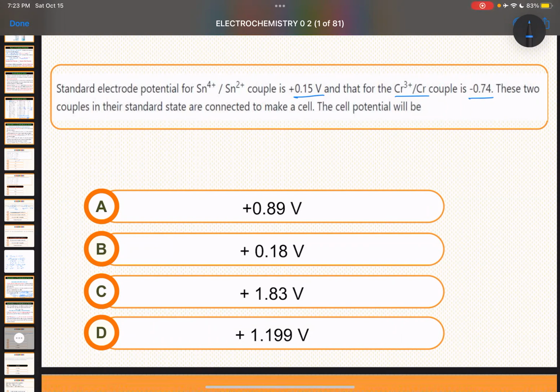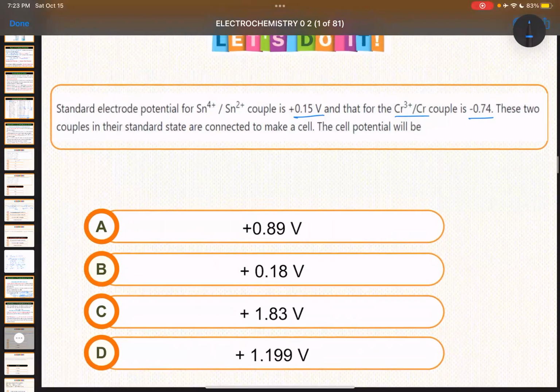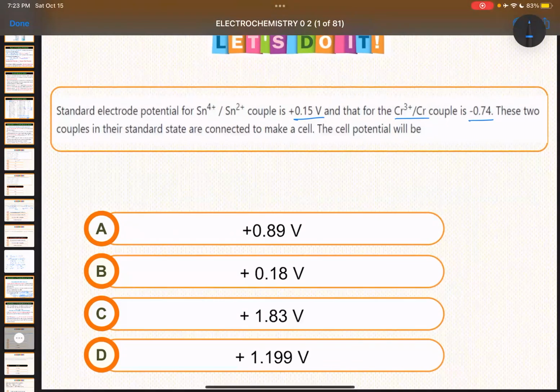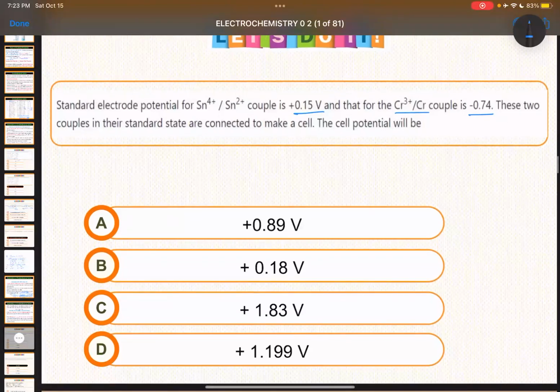Option B. Option D. Suppose you are given two electrodes and you are asked to make a cell, you are going to put the electrode which has higher reduction potential at the cathode. So who is going to become the cathode?